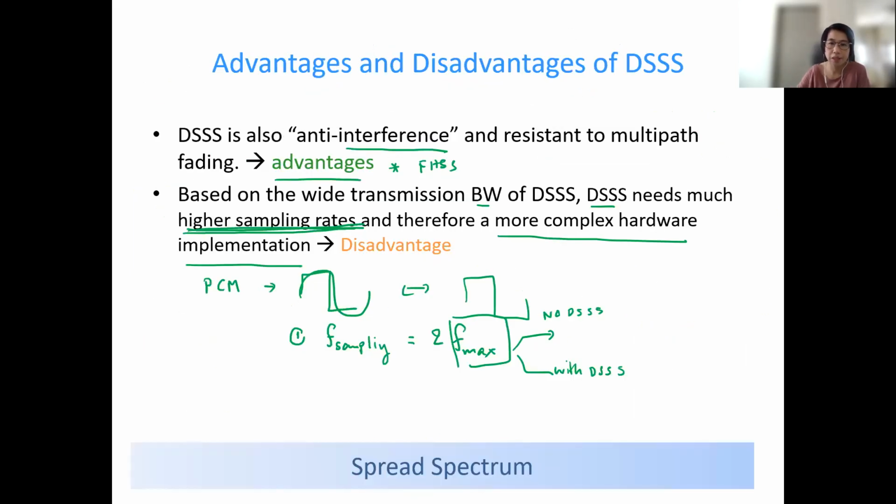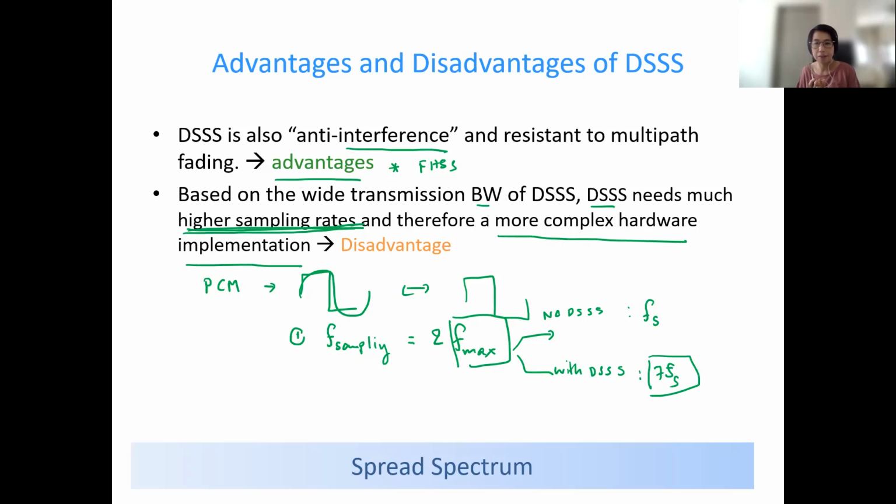So when you represent it using the sampling theorem, you refer to the previous example. If this is Fs, here it's 7 times Fs. Okay.